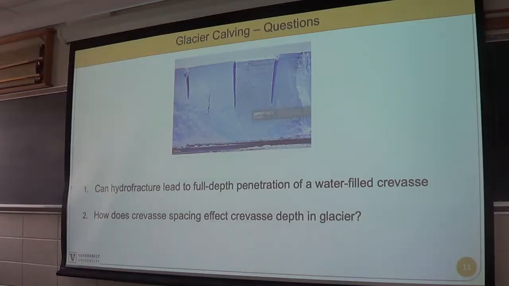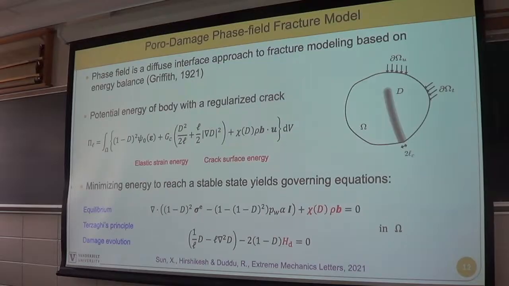But we wanted to look at it in this new 3D unified phase field fracture formulation. And then the question that has not been addressed is, how does crevasse spacing influence these crevasse depths in glaciers and also crevasse patterns, right? So that's the new question that we also said now we will be able to address. So let's see how we set up the model.